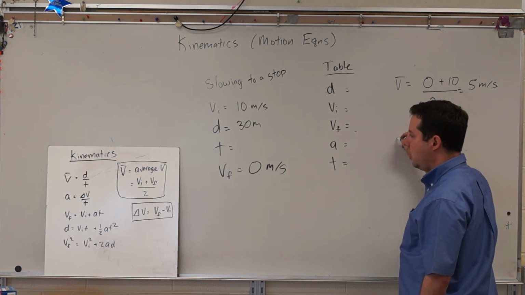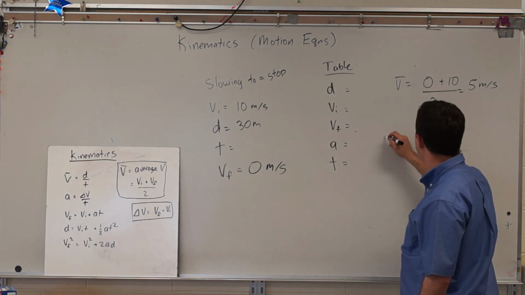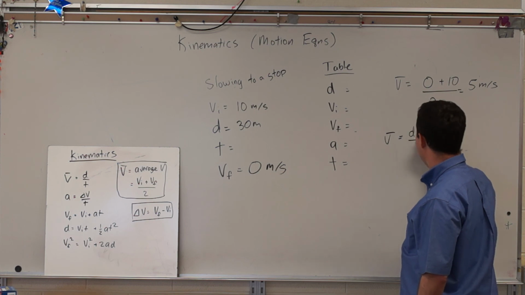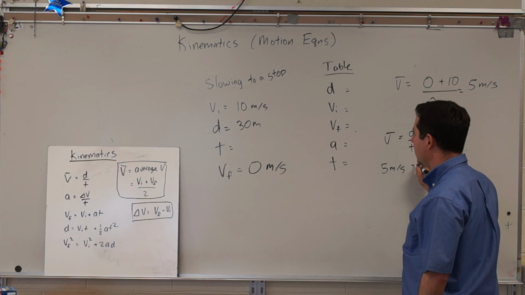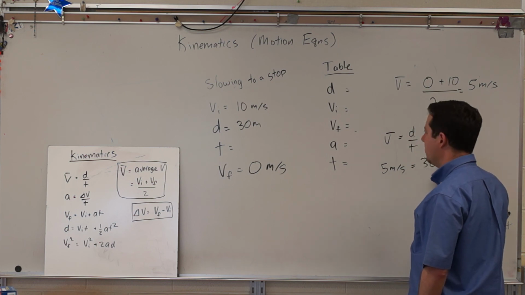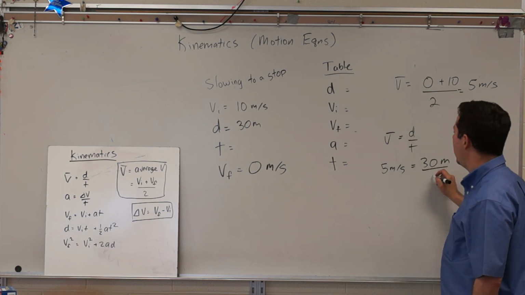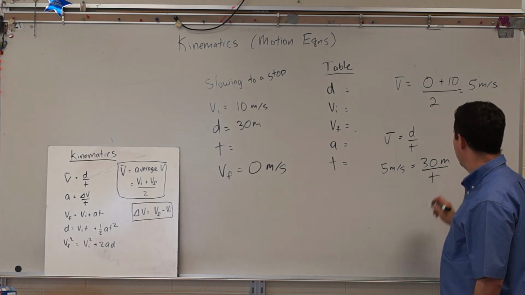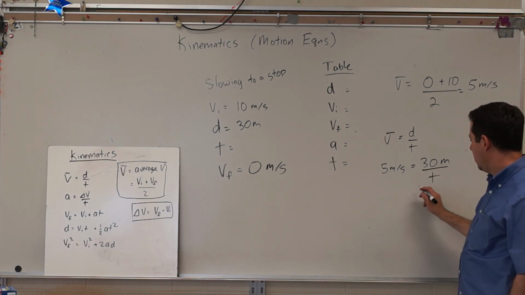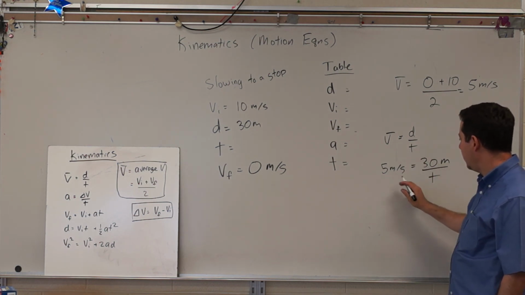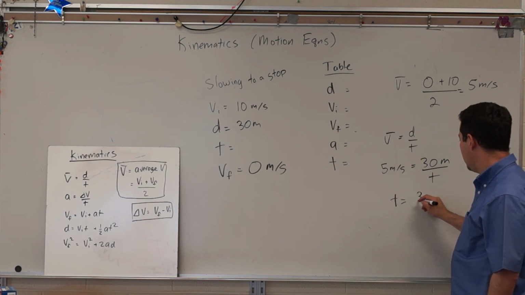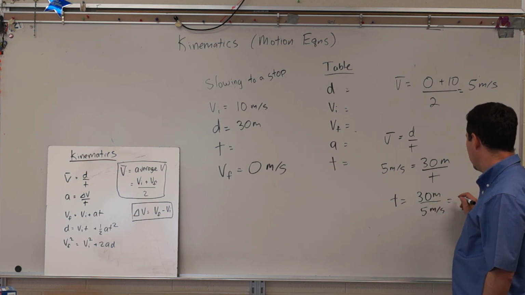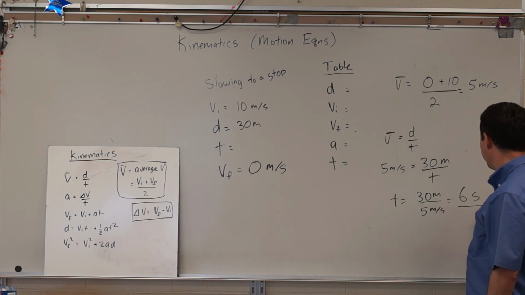And so then we can say V bar is equal to D over T. So 5 meters per second is equal to your distance of 30 meters divided by your time of unknown seconds. We can move this from the bottom to the top. We can move this from the top to the bottom. So rearranging, I get T equals 30 meters divided by 5 meters a second. And that works out to be 6 seconds.